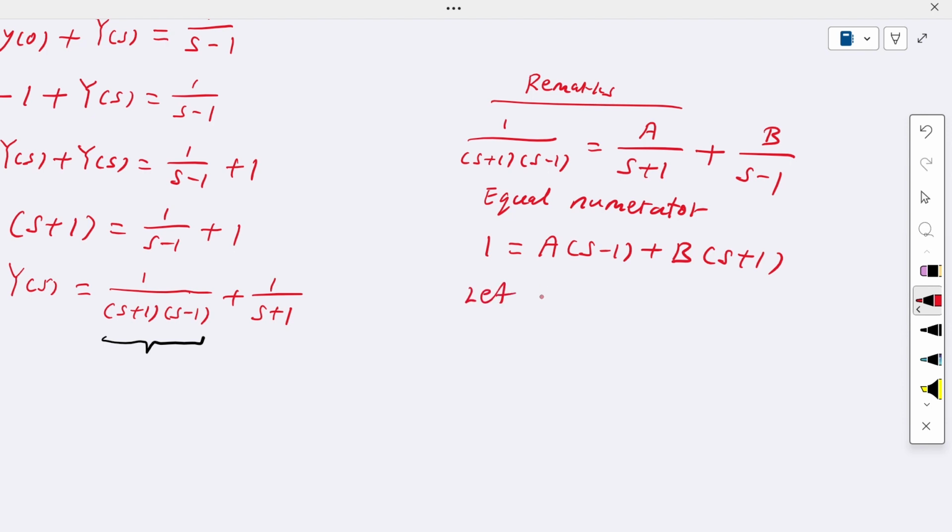Okay, so we can let x equal to minus 1. With x equal to minus 1, we can cancel the b and we find a. So here we have 1 is equal to minus 2a. Then you get the a value is equal to minus 1 over 2.